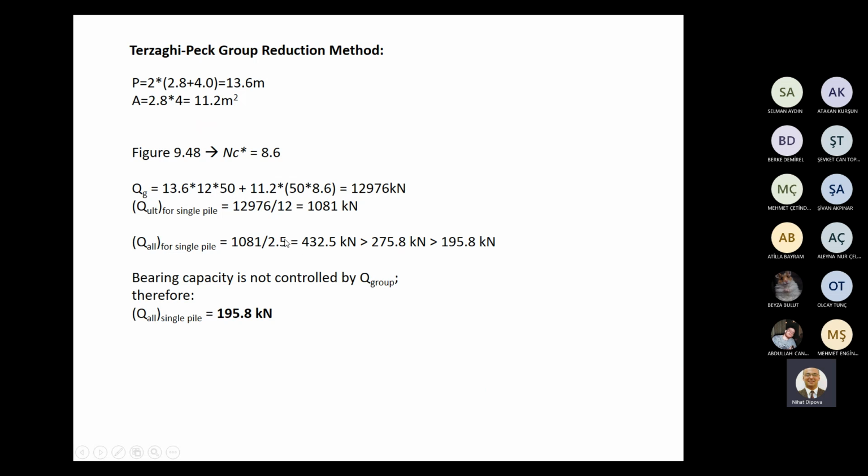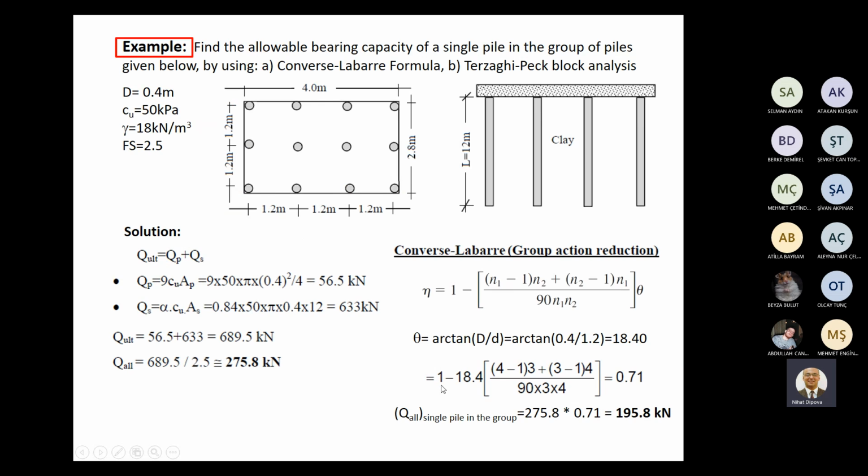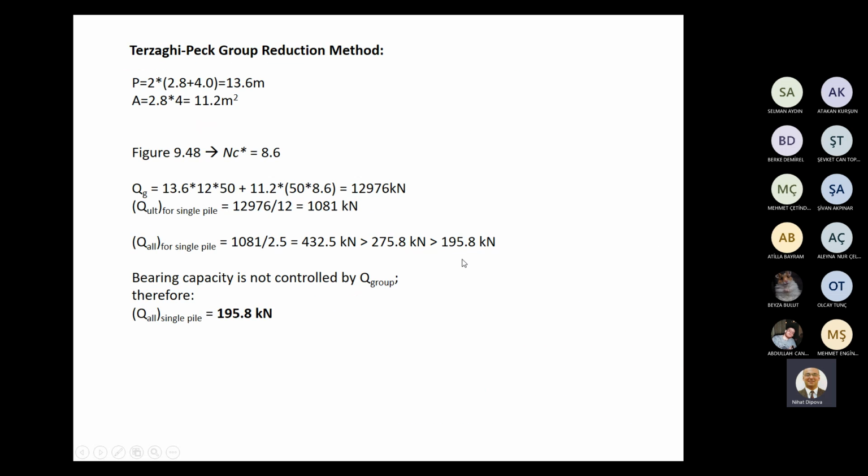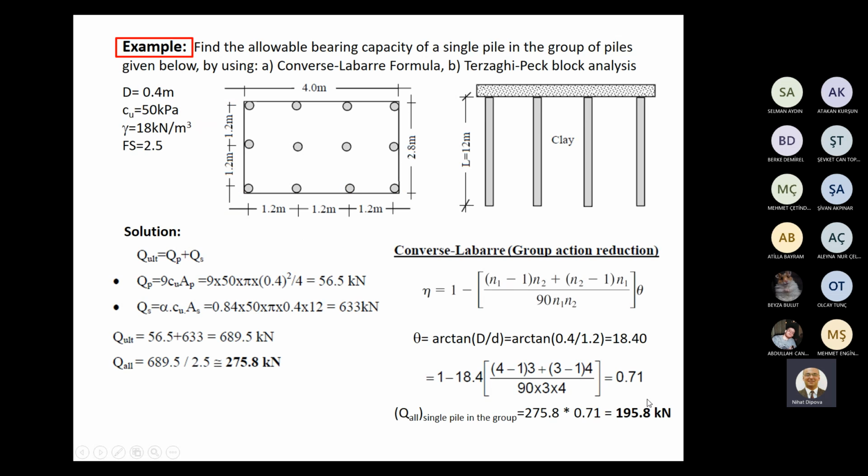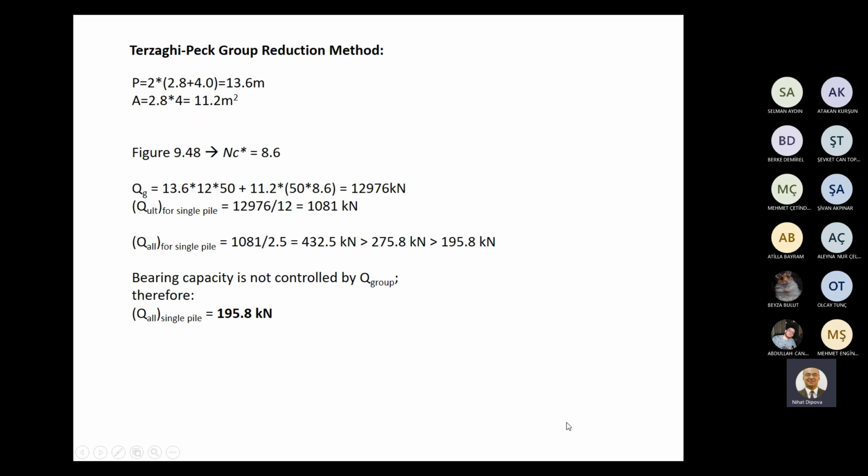Dividing by the safety factor is 432.5. And as you see, it's greater than the first approach. So the minimum one is the Converse-Labarre group action method, group reduction method. So we will use this value as the allowable capacity of the pile group.